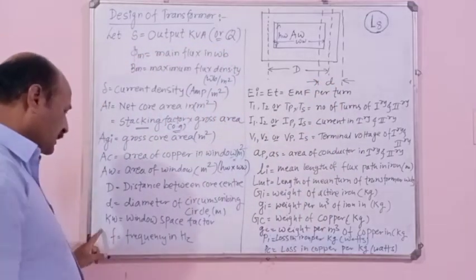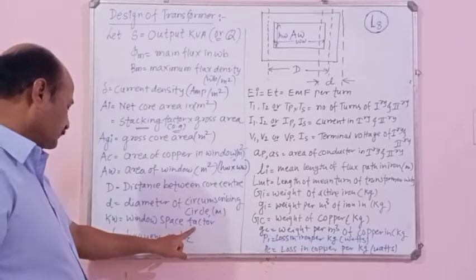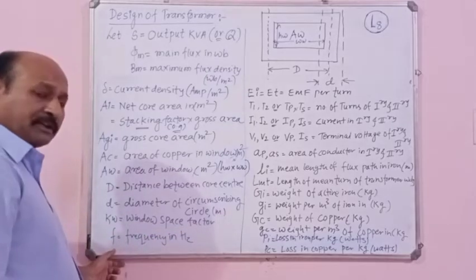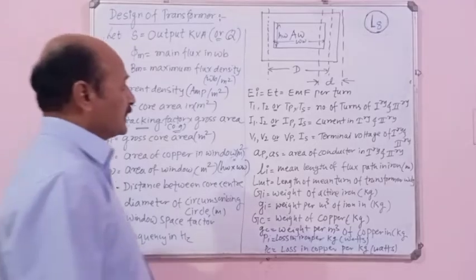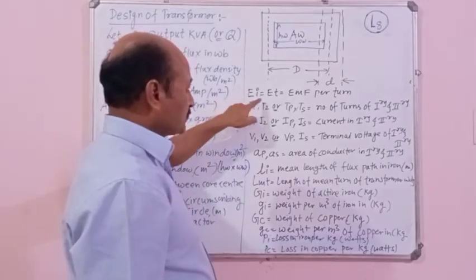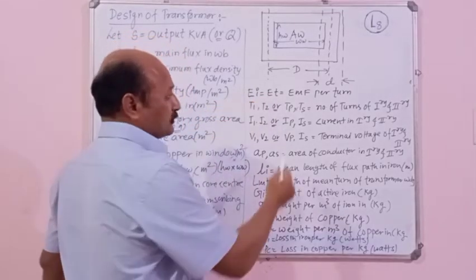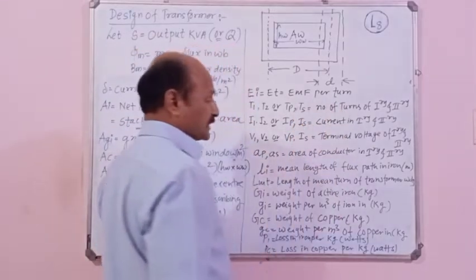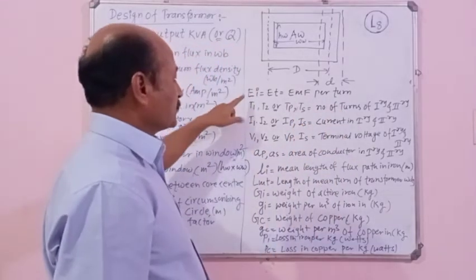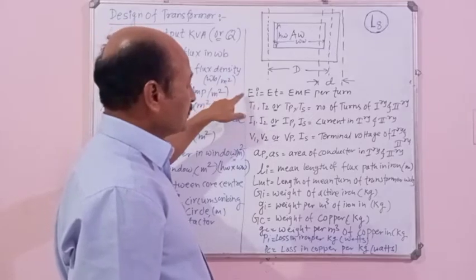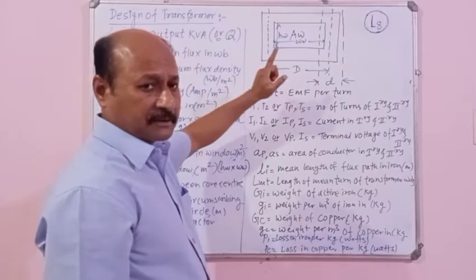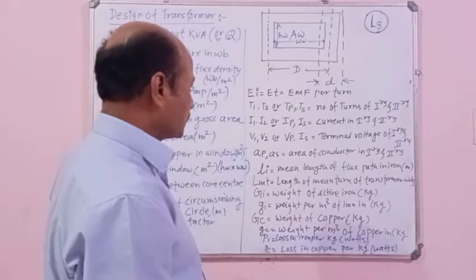Then Kw, the window space factor. F is the frequency in hertz. Then Ei, which equals Et, equals the EMF per turn. You have studied the EMF per turn. The EMF per turn of the primary must equal the EMF per turn of the secondary.